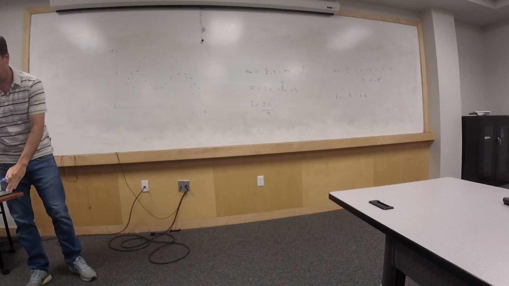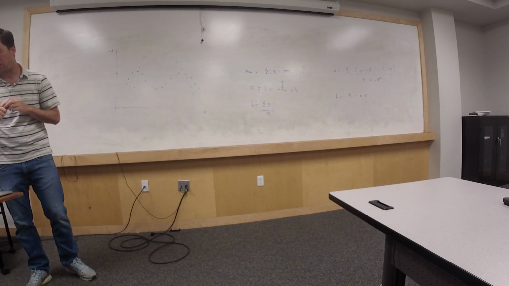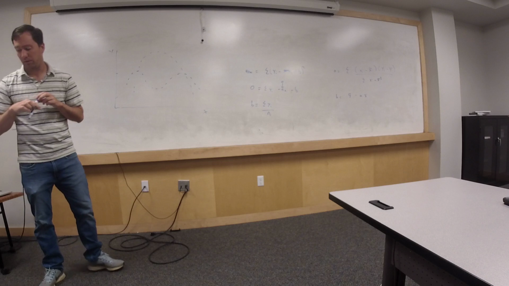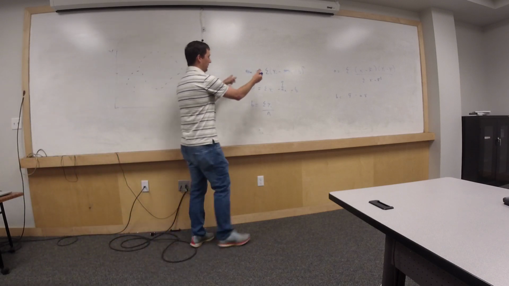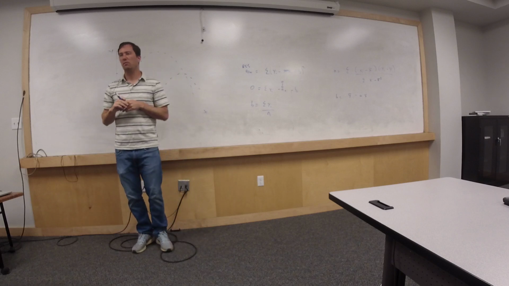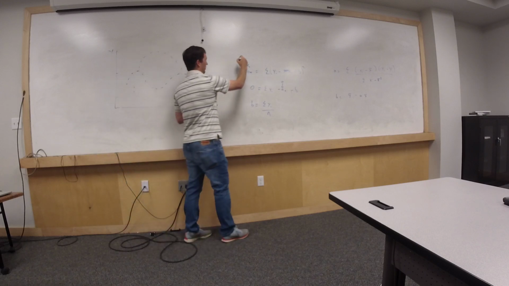Okay. So the residual sum of squares is basically this. It's called the residual sum of squares.